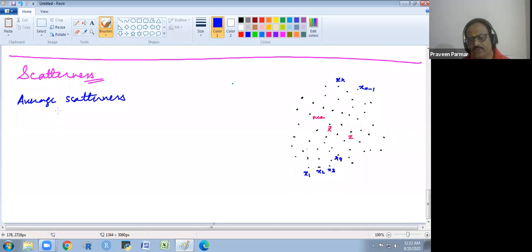In the average scatterness, we first arrange the data in ascending order, and then we see the difference between two data points. That difference is the scatterness. That is a different scatterness.